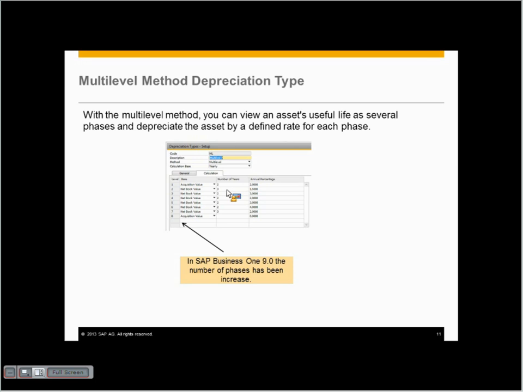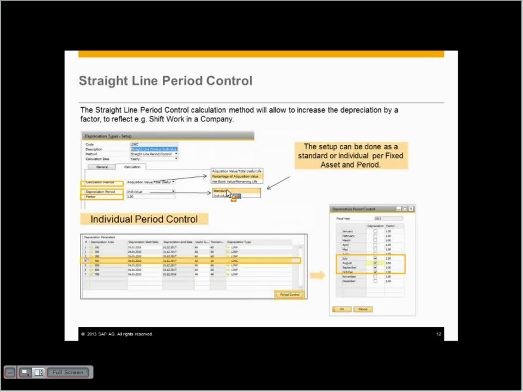Another depreciation type, as an example here, is a straight line period control calculation. The straight line period control method will allow you to increase the depreciation by a factor to reflect, for example, shift work in a company. It has, from a calculation basis, the same concept as a regular straight line method.